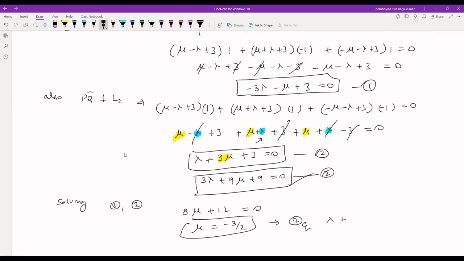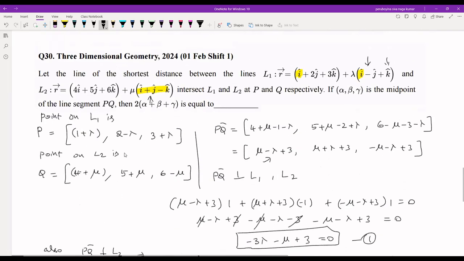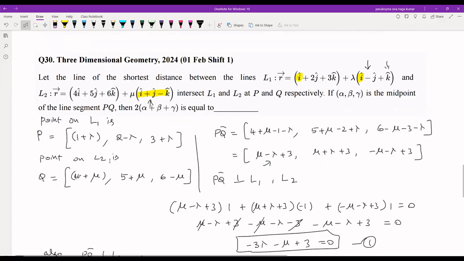So lambda plus minus 9 by 2 plus 3 is equal to 0. Lambda is equal to 9 by 2 minus 3. 9 minus 6 is 3 by 2. So the mu value is minus 3 by 2, lambda value is plus 3 by 2. So we got the values of lambda and mu.